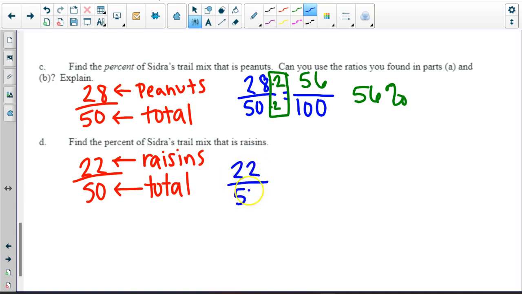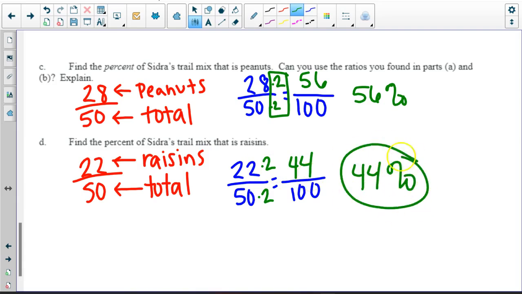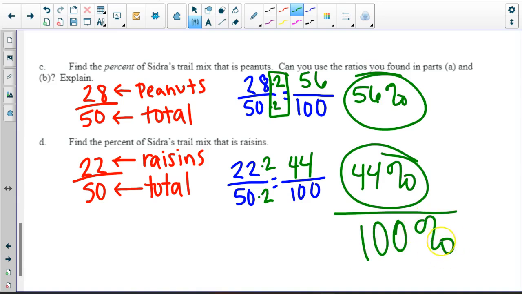Again, I can make an equivalent fraction out of 100, because all percents are out of 100. I'd multiply this 50 by 2, and what I do to the bottom, I do to the top. And you get 44, which is equal to 44%. And that makes sense because both of these add up to 100%. There's my giant 1. All right, and that is 316.